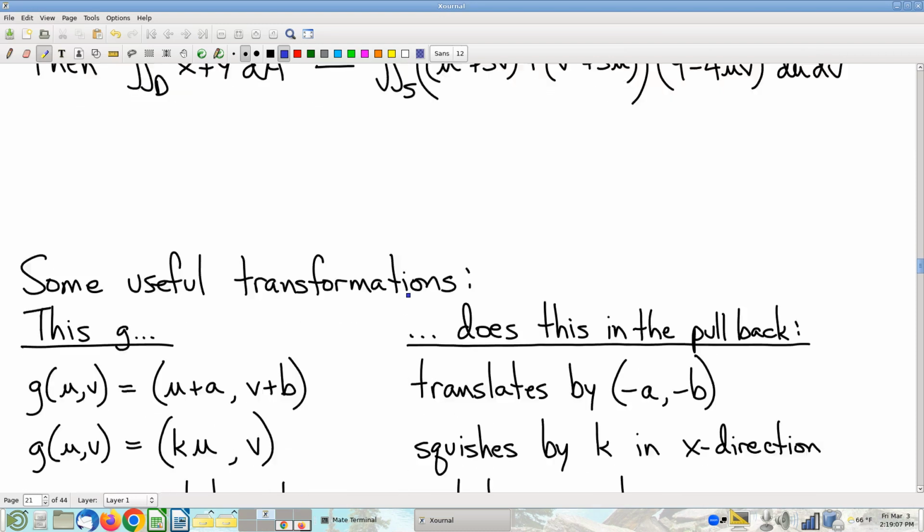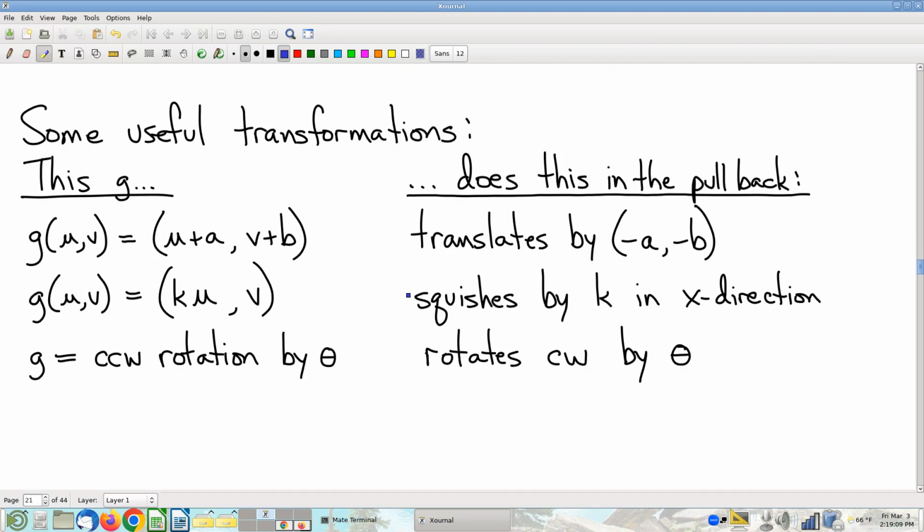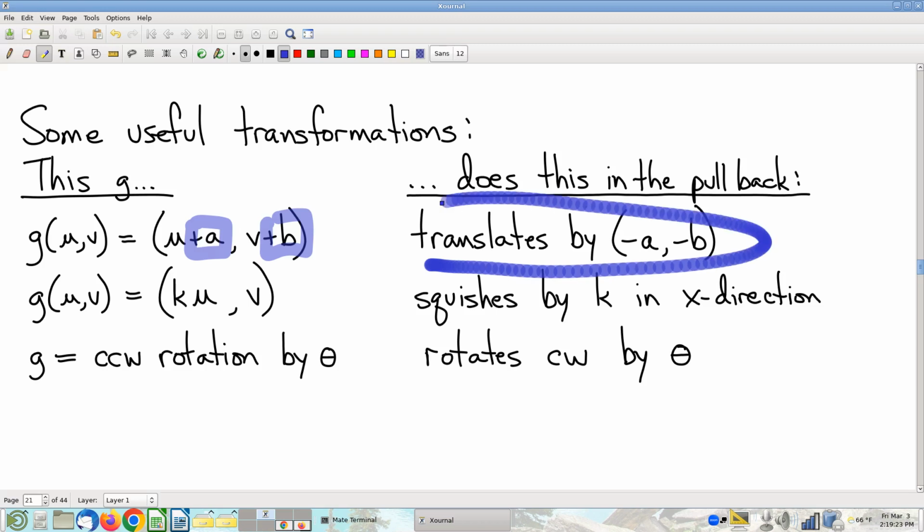And so, for example, if you have a change of variables function that translates by the vector a comma b, if your change of variables function adds a comma b to all points, in the pullback, your domain will effectively be translated backwards. In other words, be translated by negative a comma negative b.